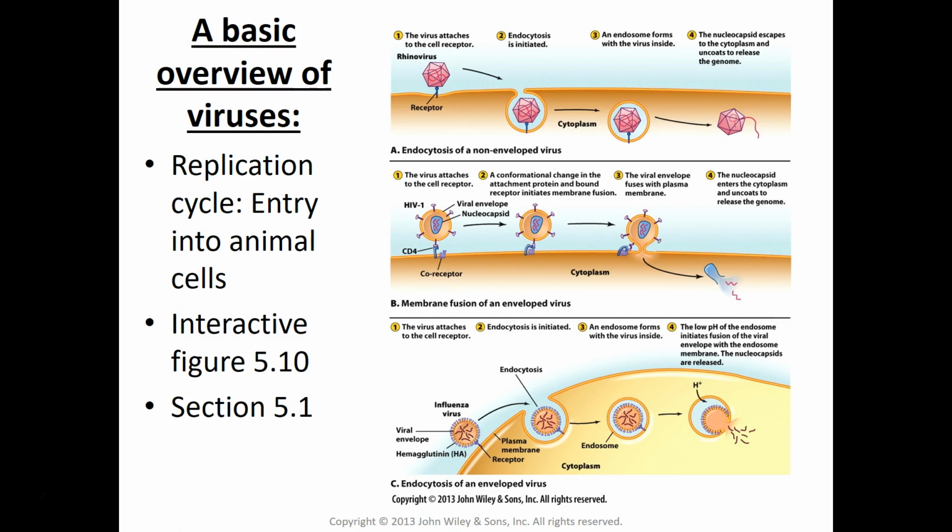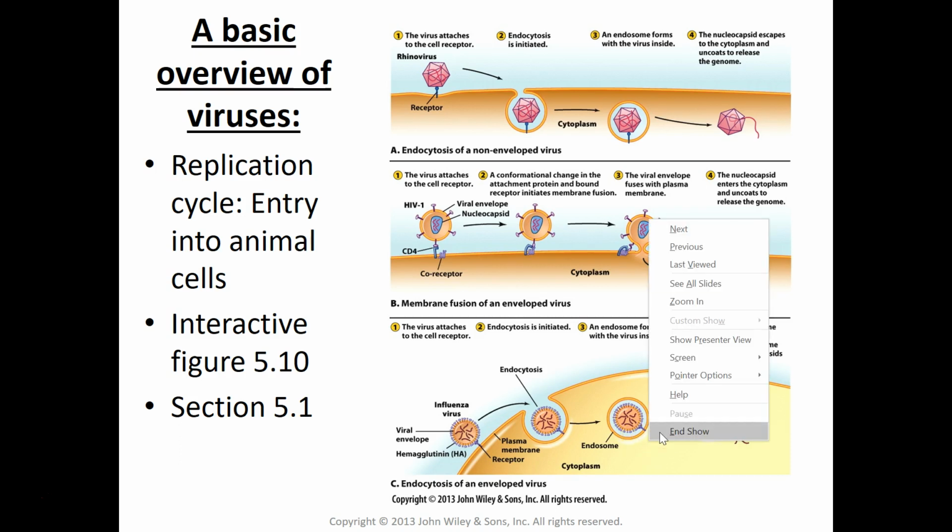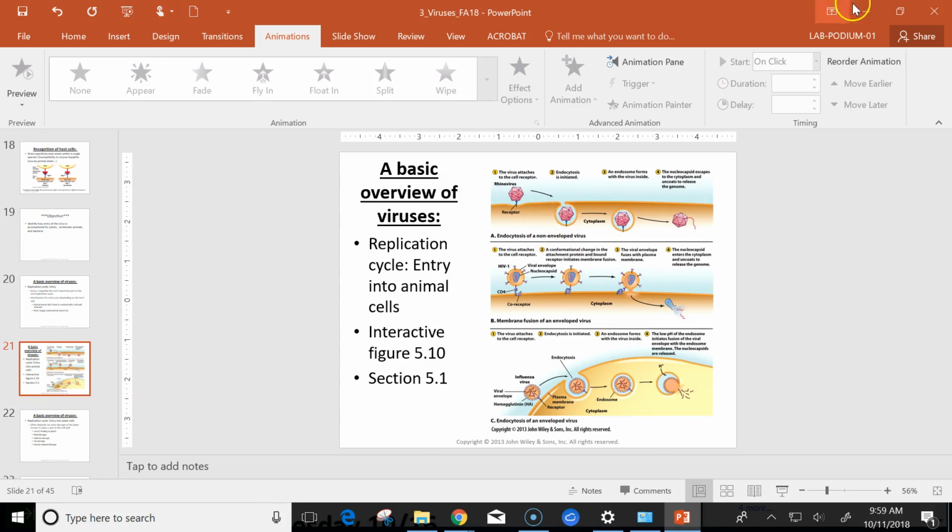So remember, I pointed this out last time in your book. This diagram, they have an interactive where it kind of steps through the different ones. So I even put a note here where that is in our book, so we could find it and zoom in on these. So I'm going to go to that.